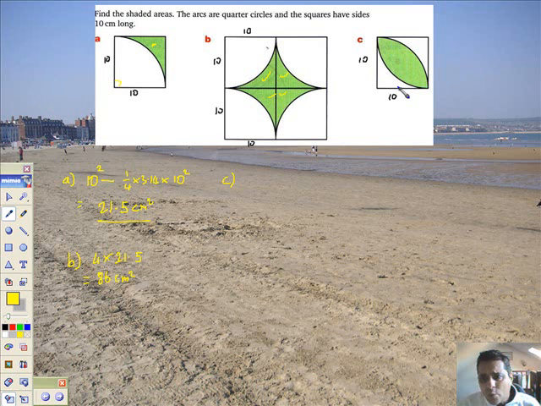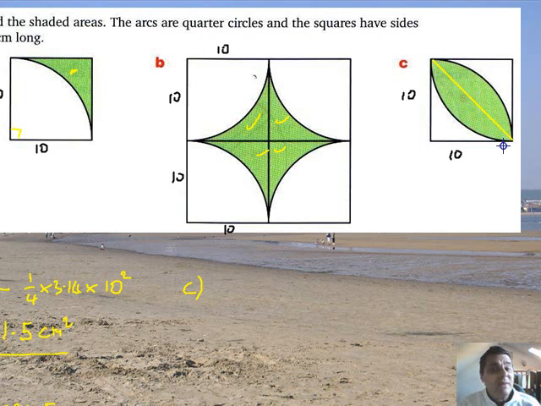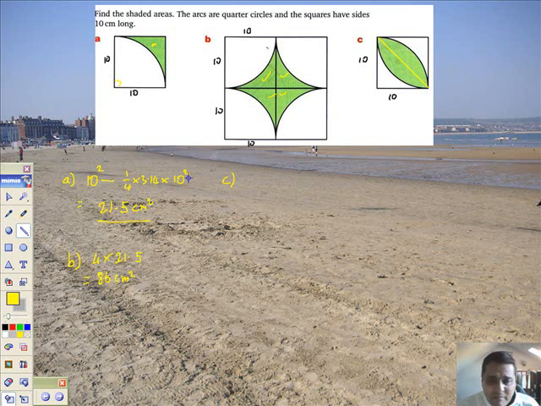So if I could work out the area of a quarter of a circle, and then work out the area of the triangle, which is half base times height, I can take away the area of the triangle from the area of the quarter of the circle, and what that will give me is this area here.